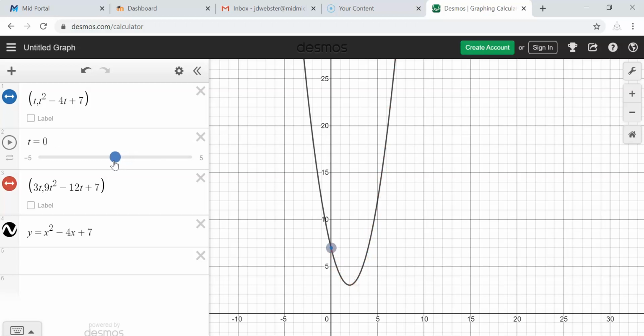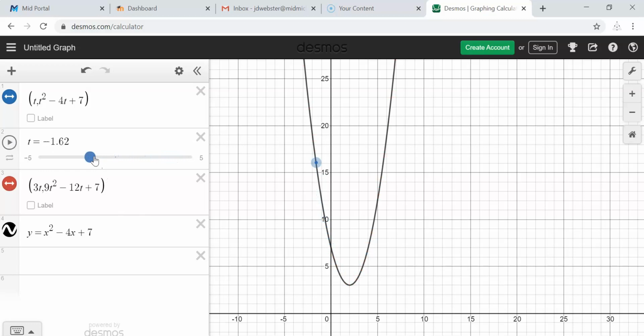And if you move backwards, it's the same way. The red dot is going to move at 3 times the rate of the blue dot. If I put this in motion, you'll see how much faster that red dot moves than the blue dot does. All right. So that is what's going on.